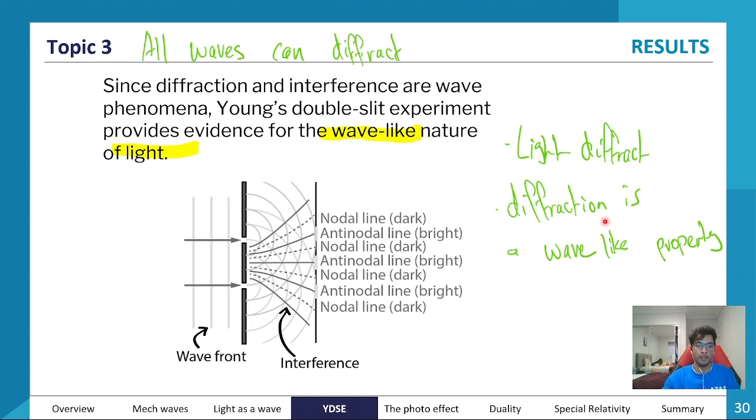You would talk about his results, showing that his experiment created an interference pattern with nodes and antinodes, which means that light is diffracting and diffraction is a wave-like property, so light is a wave.